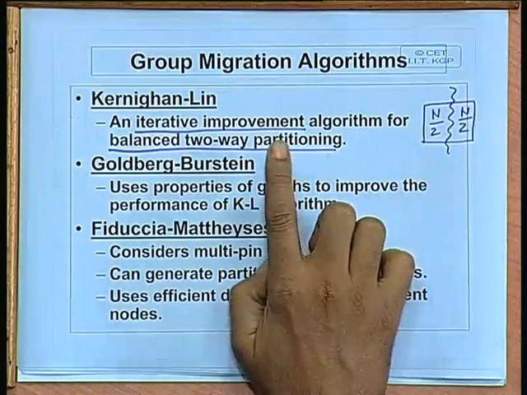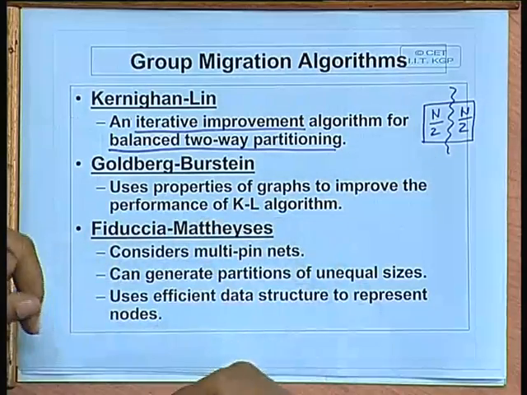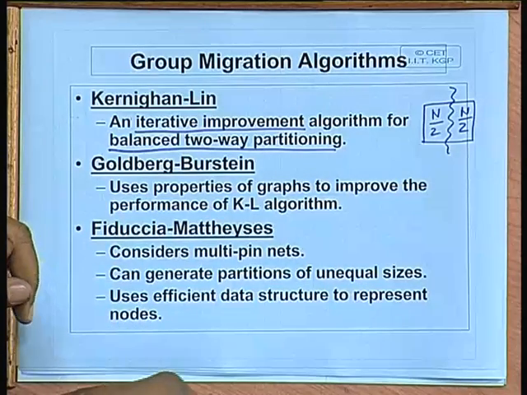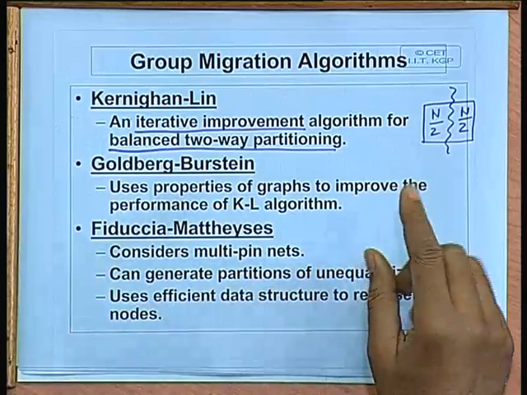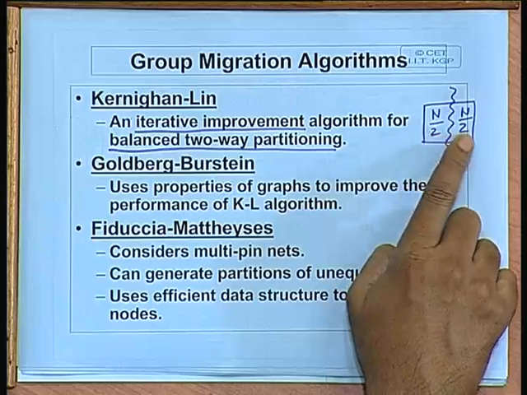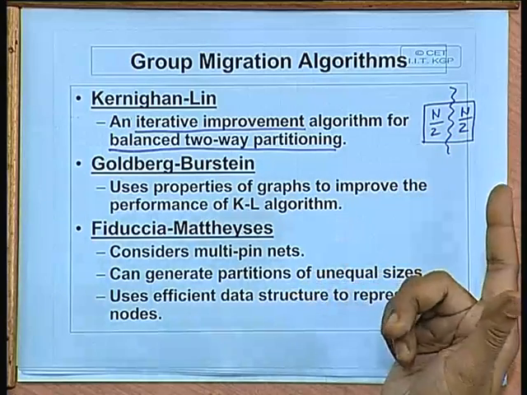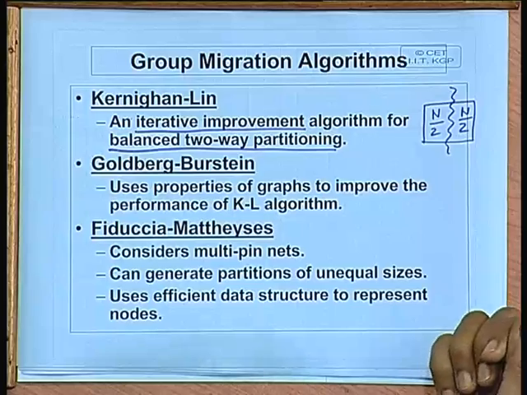So, Kernighan-Lin basically starts with a balanced initial partition, and as part of the iteration step, it will go on selecting two nodes, one from this partition, one from the other partition, exchanging them and evaluating the cost. The pair which gives the best benefit will be selected, and in this way you go on. Okay, fine.